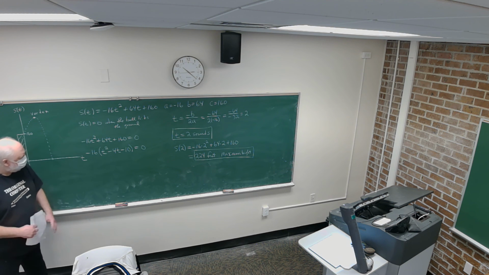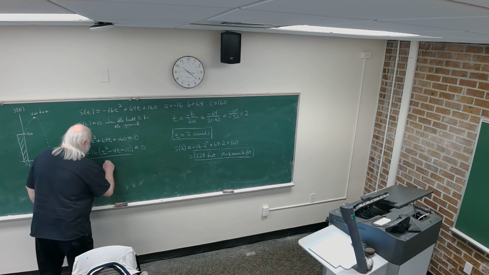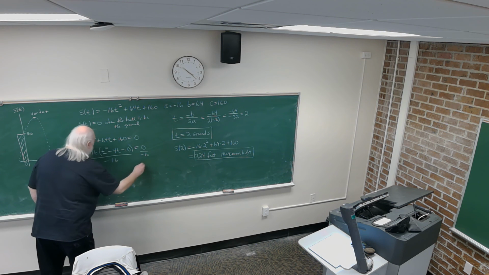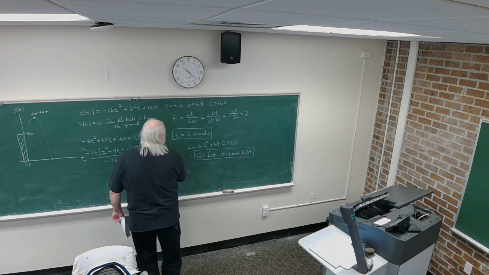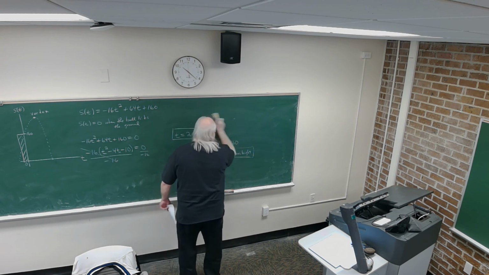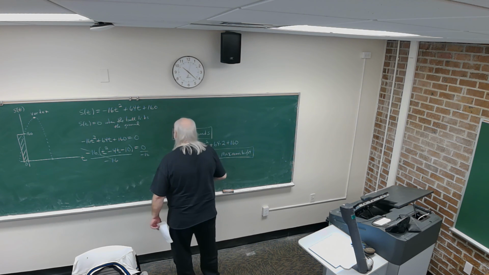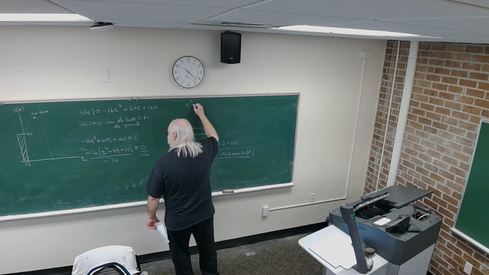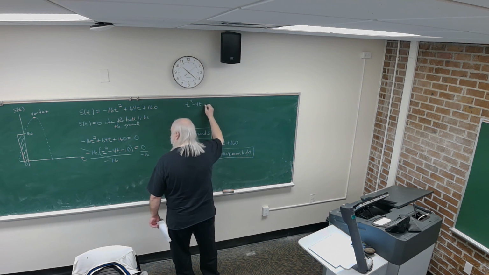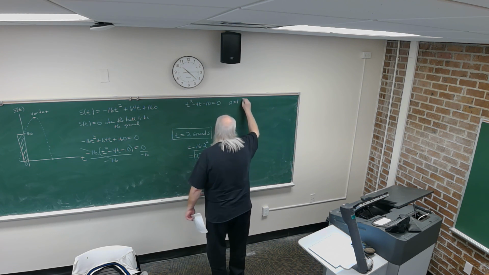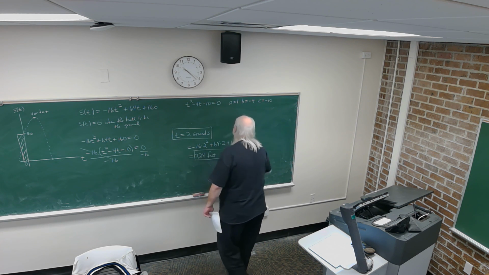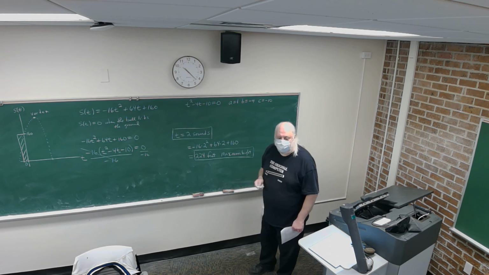And now if you divide both sides by minus 16, the minus 16s go away on the left, and 0 divided by 16 on the right is still 0, and so we have t squared minus 4t minus 10 is equal to 0, with a equal to 1, b equal to minus 4, c equal to minus 10. That does not factor with integers. You got to use the quadratic formula.